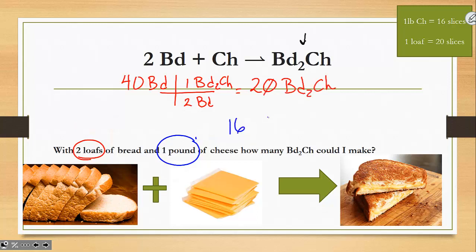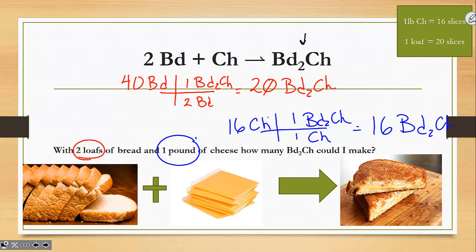With 16 slices of cheese and the ratio of cheese to grilled cheese, I could make 16 grilled cheeses. So how many grilled cheeses could I make? I could only actually make 16 grilled cheeses.